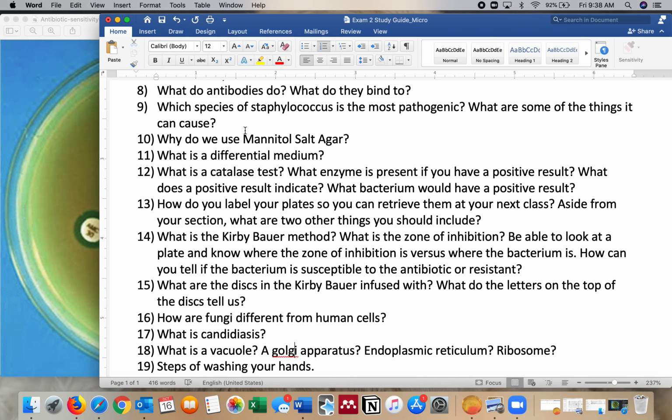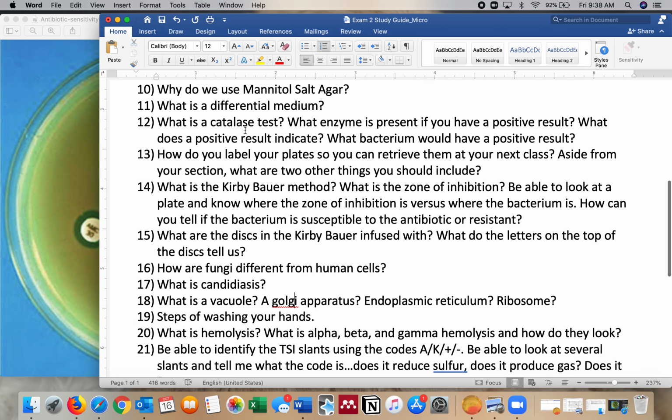Why do we use mannitol salt agar? Remember that mannitol salt agar is one of our selective medias that we just used in Lab 8. It will allow certain species like Staph aureus to grow, but it will inhibit other species. Question 11 is lumped into this as well.